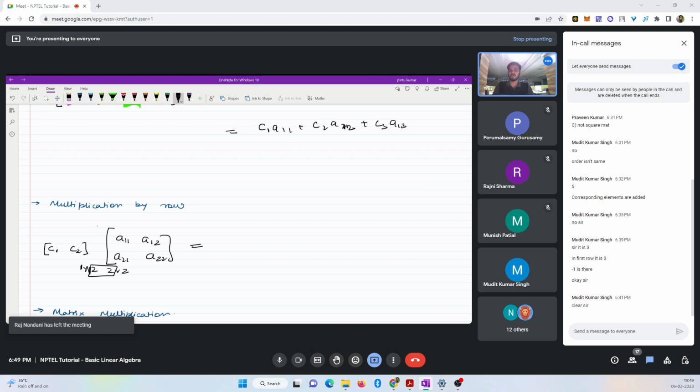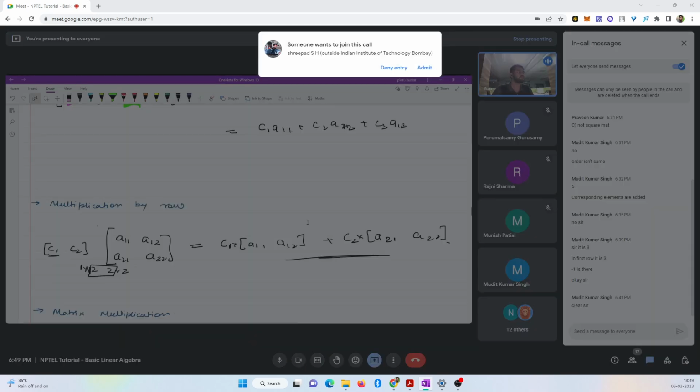Pre-multiplying by a row means you want to multiply the first row with the first element, C1 into A11, A12, plus C2 into A21, A22. This is what is meant by multiplication by a row.